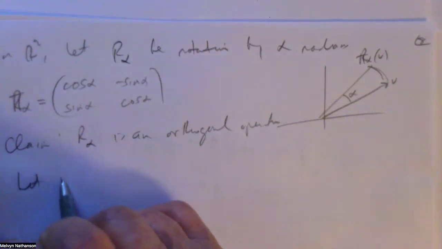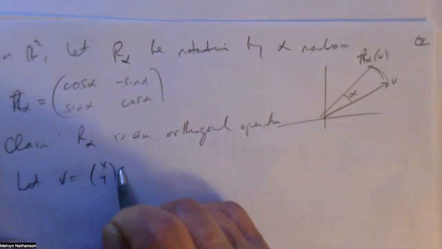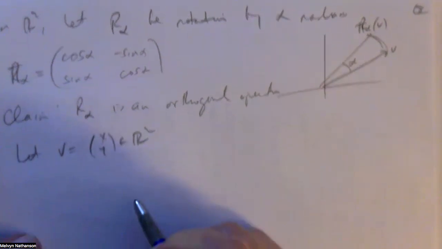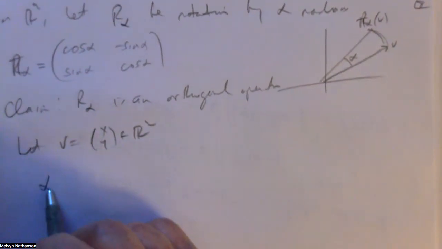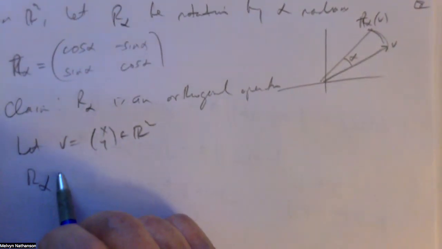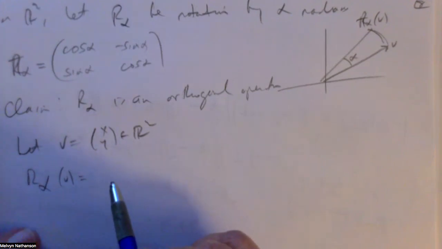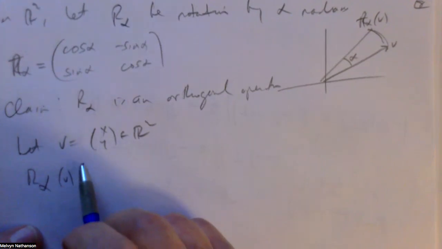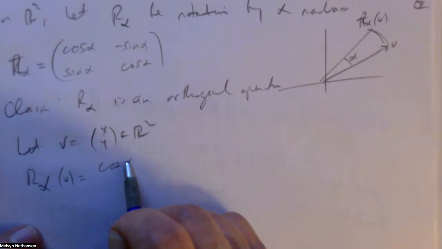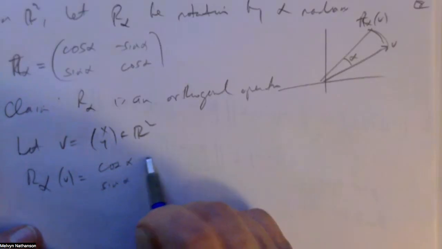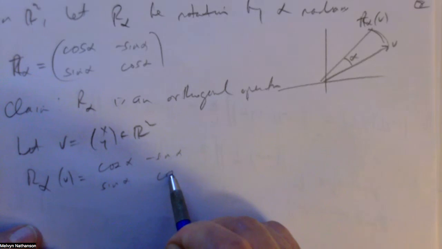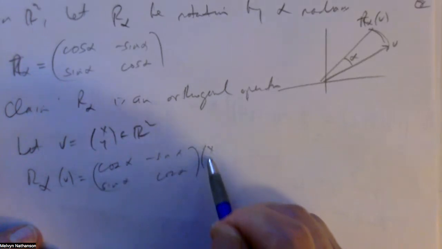So suppose I let V be the vector (x, y) in R2. R alpha of V is what? It's this matrix cosine alpha, sine alpha, minus sine alpha, cosine alpha applied to the vector (x, y).